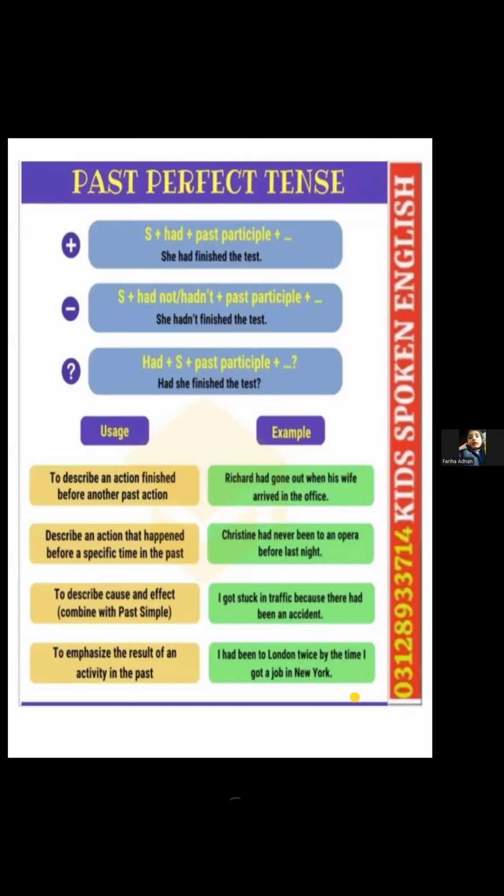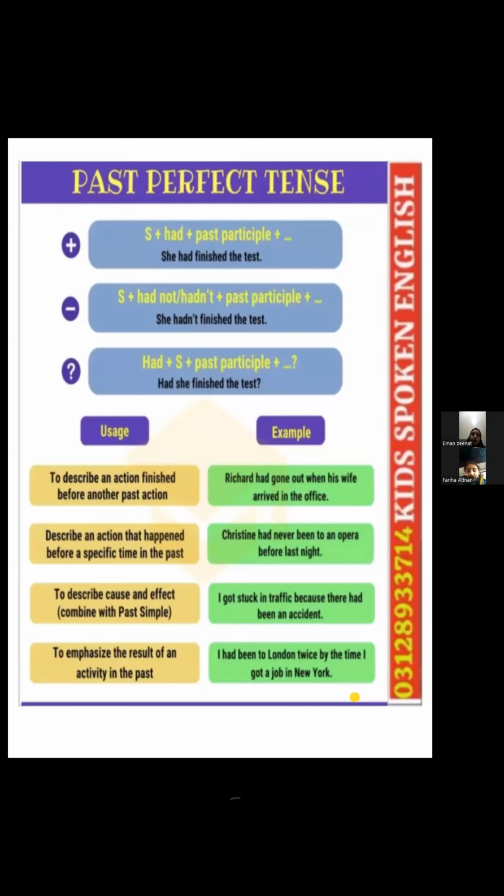Okay? I'm just gonna give you the example. The train left at 9 a.m. and we arrived at 9:15. Okay? The train left at 9. We arrived at 9:15.